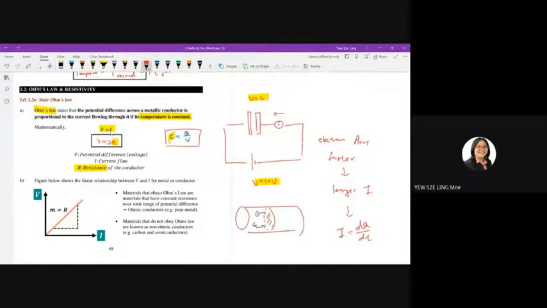C is kept constant. When it comes to chapter 3, V is equal to IR. If you change I, you change V. If you change V, then I changes. It won't affect the value of R. R is kept constant in this case. So R is equal to V over I. Even the equations look very similar, right?